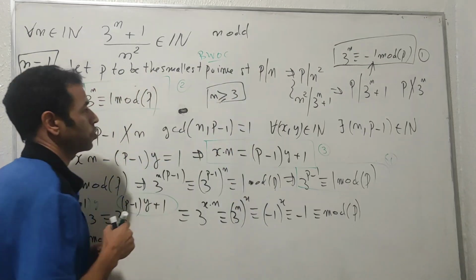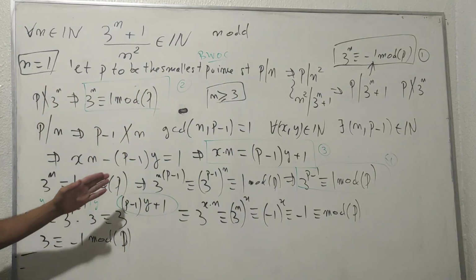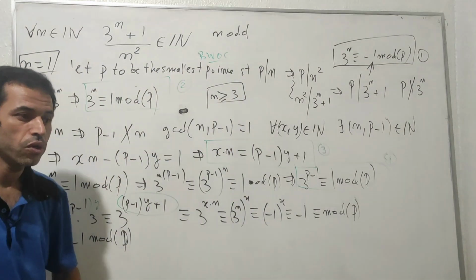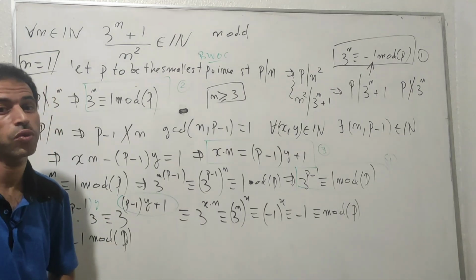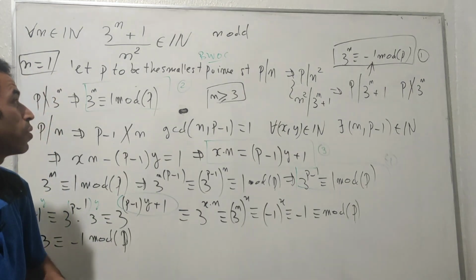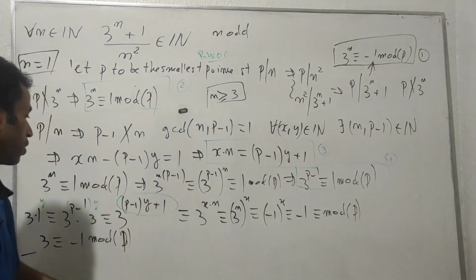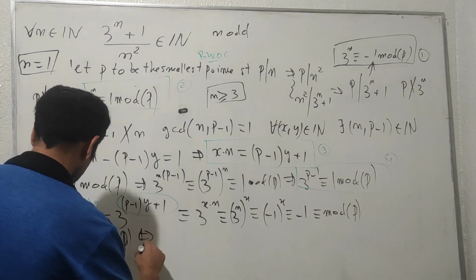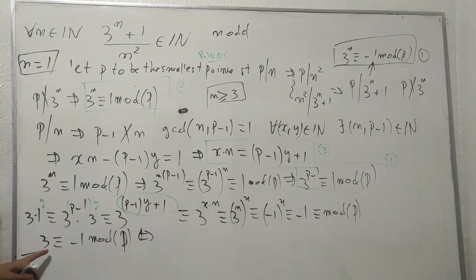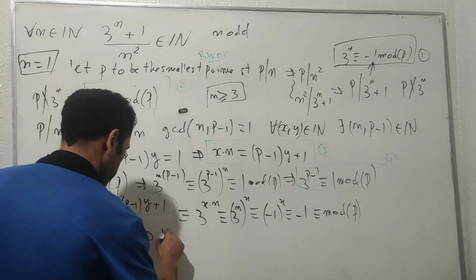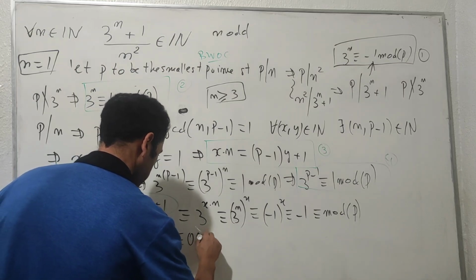Because before we start the proof, we know we are not going to find a solution, which means we are going through the absurd proof, by way of contradiction. Okay, so I get 3 plus 1, which is 4, is congruent to 0 mod p.